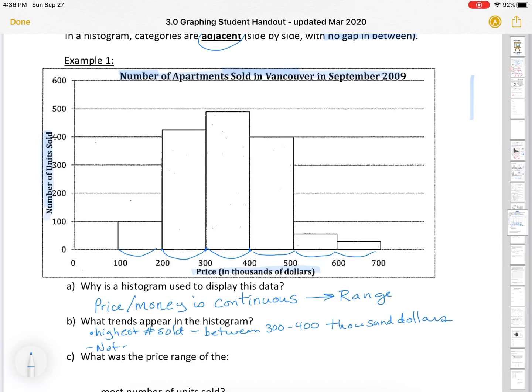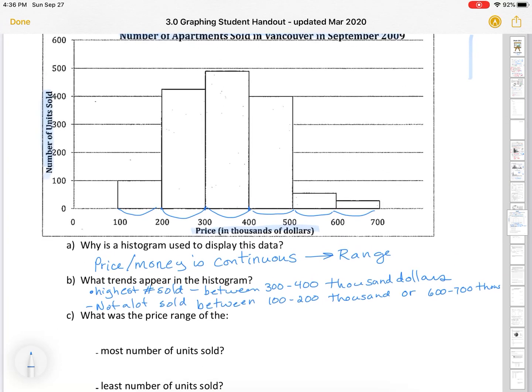There's not a lot sold comparatively between 100 and 200,000, or 600 to 700,000. So that's what we notice. We also notice there's none less than 100,000. So the lowest price house or apartment sold in Vancouver was 100,000. Okay. What was the price range of the most number of units sold?